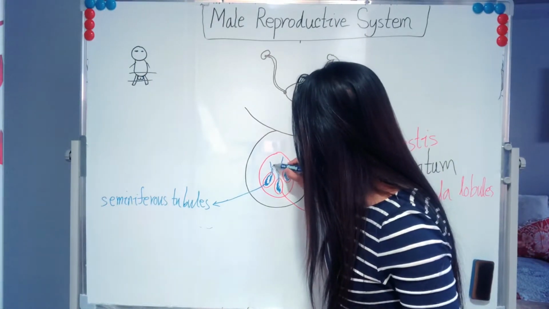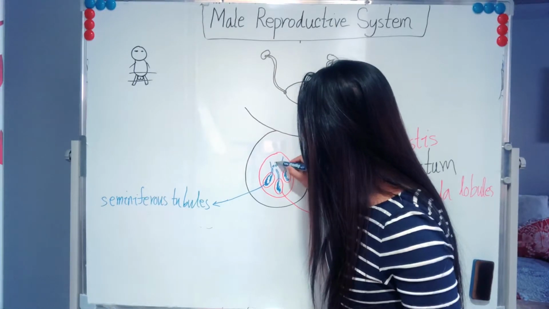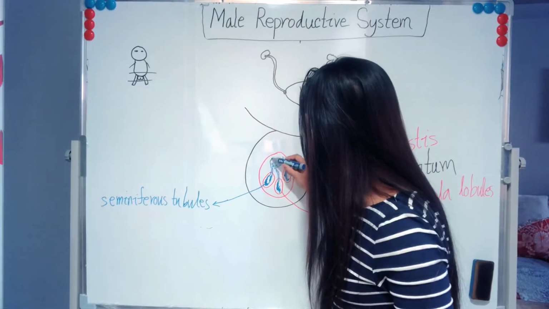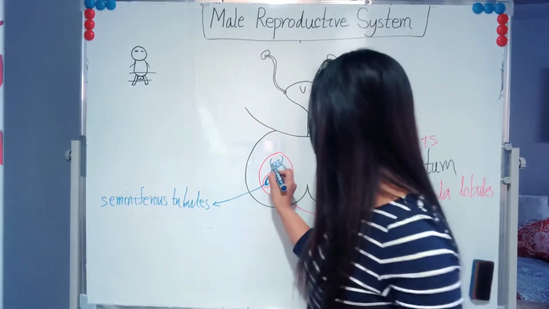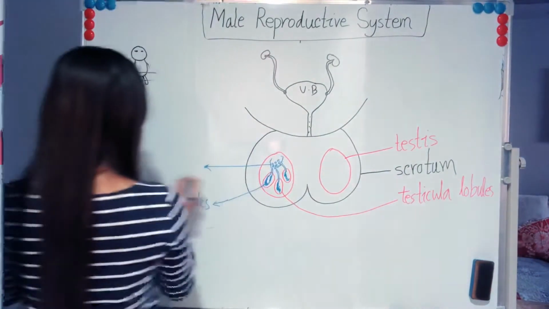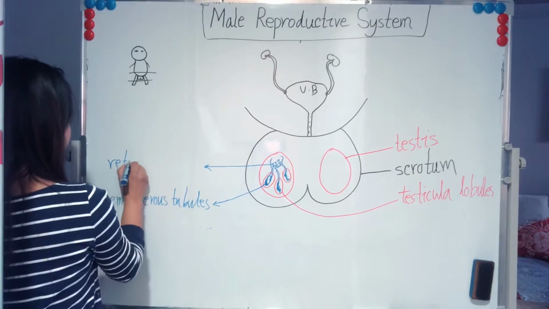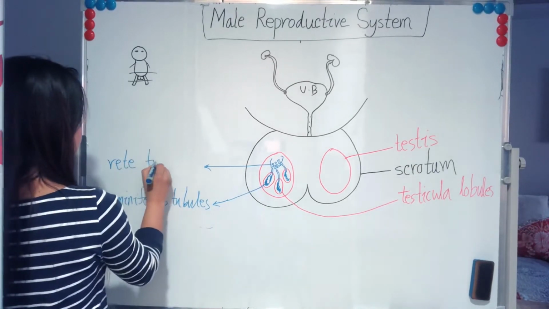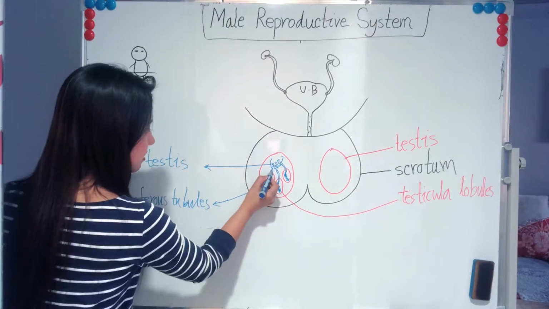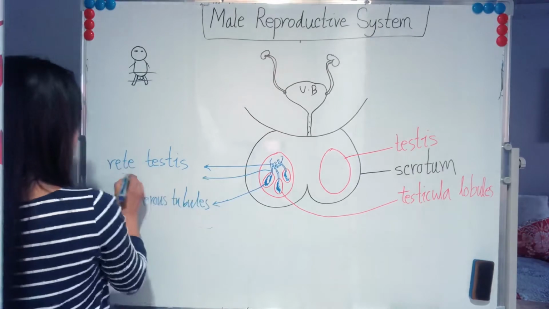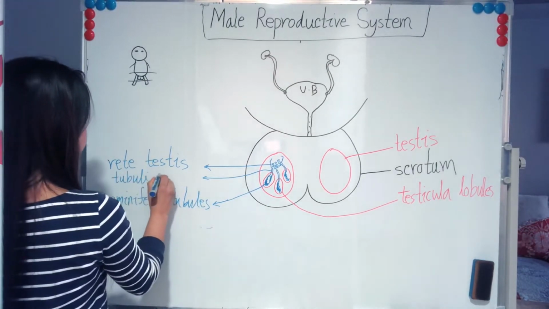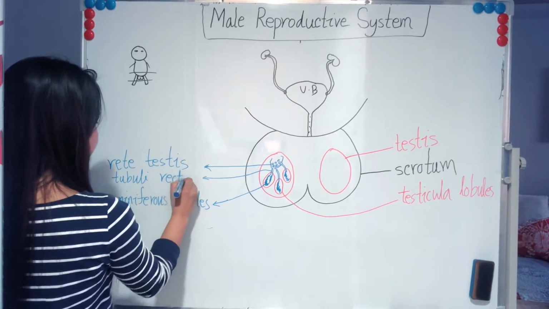Then these tubuli recti make so many tubules, a network of tubules. Then this network is called rete testis, and these thin tubules are tubuli recti.